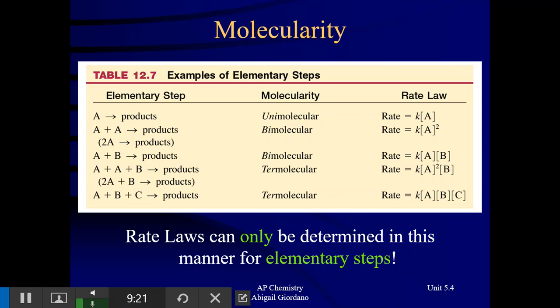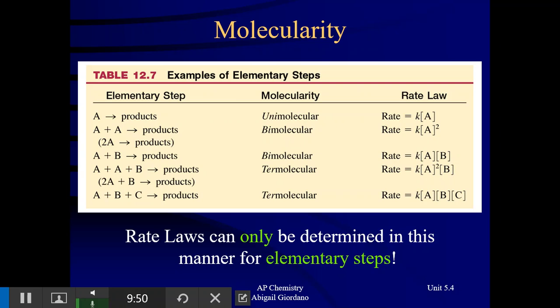Okay, so I want you to look at this chart. First of all, guys, molecularity is a term that you will only use with elementary steps. We don't ever use the term molecularity with overall reactions. Let's just look at these first 2 columns where you have an elementary step and what it says is the molecularity.